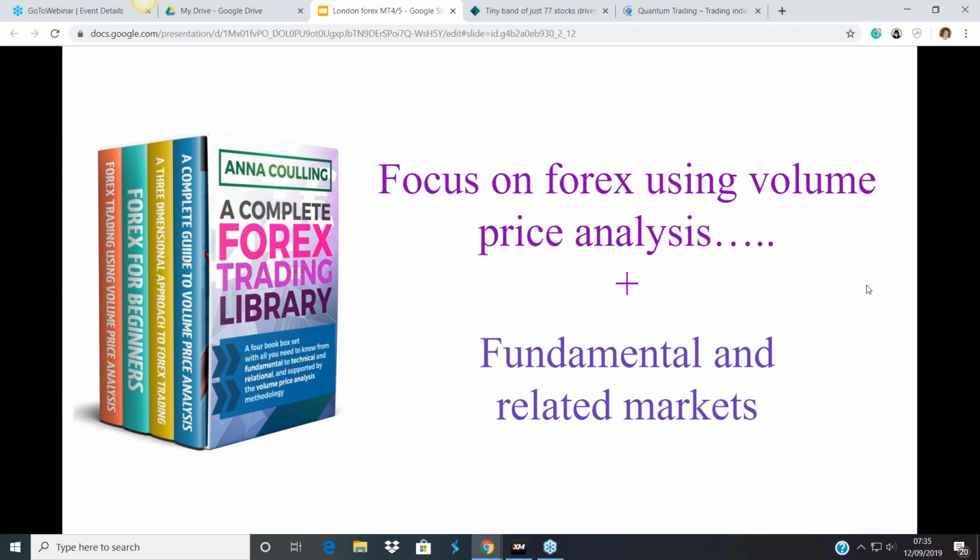But for the forex markets, and in fact all the other markets, we also have to take into account what the fundamental picture is telling us, and also look at related markets. Really the best way to explain it is to see it in action in the currency pairs that we will be looking at later this morning.